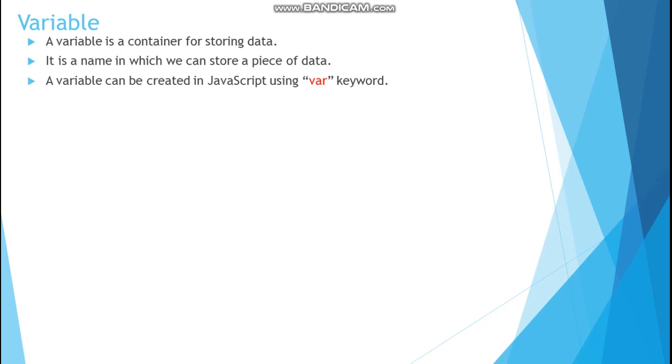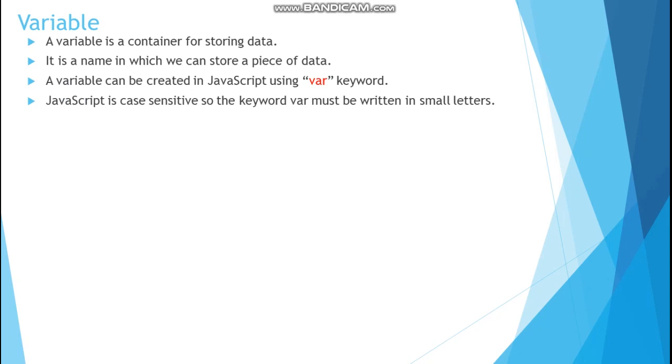A variable can be created in JavaScript using the var keyword. Remember, the var keyword is used to declare a variable. And JavaScript is case sensitive, so you have to keep in mind that the keyword var you must write in small letters.